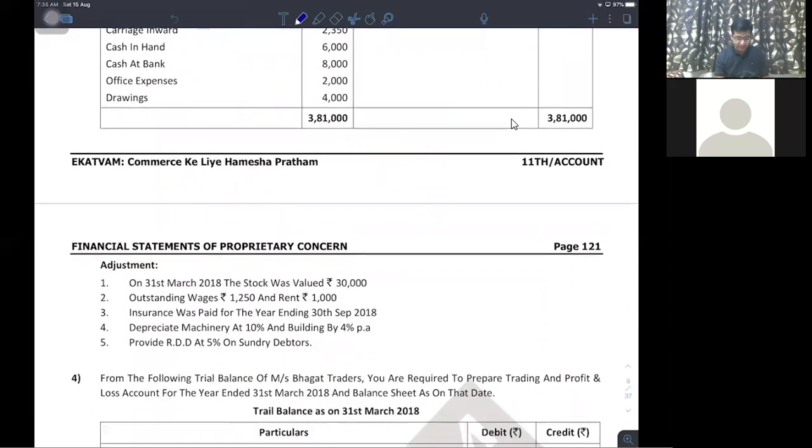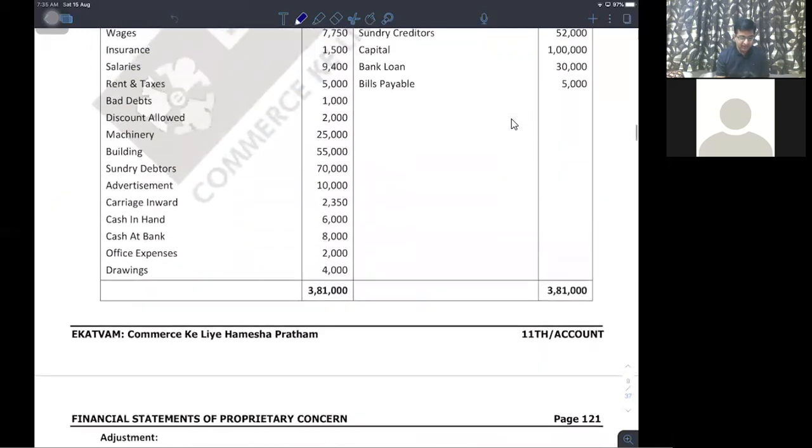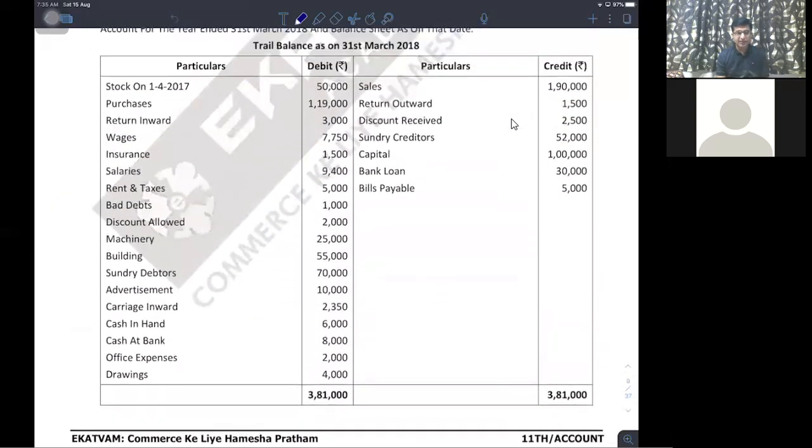Outstanding wages were 1250, rent 1,000. Insurance was paid for the year ending 30th September 2018. Means the insurance amount which is given in this particular trial balance, that is 1,500. Out of that, 6 months ka insurance is in advance because it is paid for year ending 30th September.